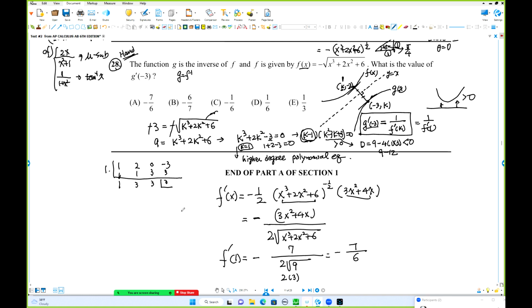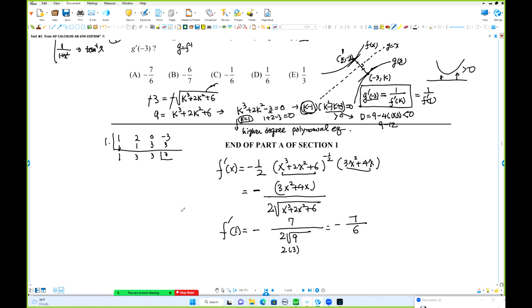Let me see. Yeah, negative 7 over 6 is correct. The answer is what? This one. But this is not the answer, okay?